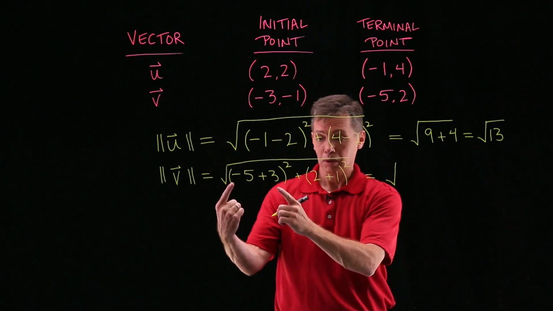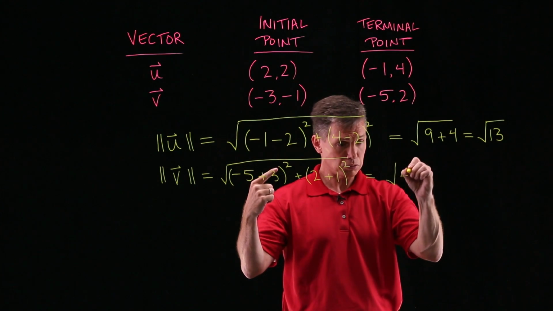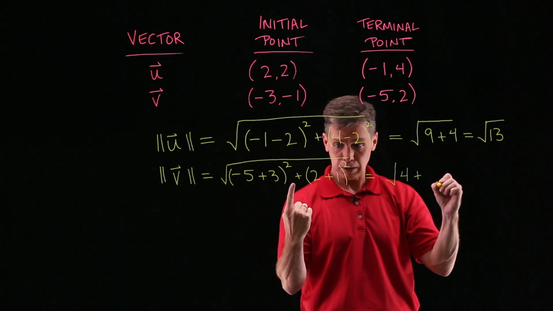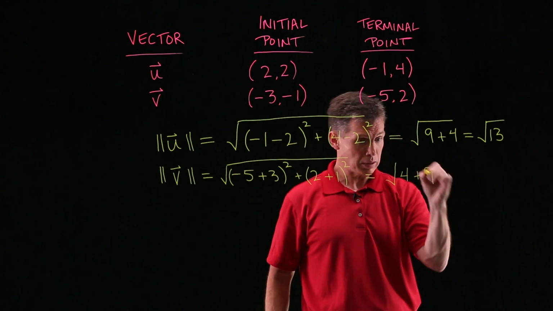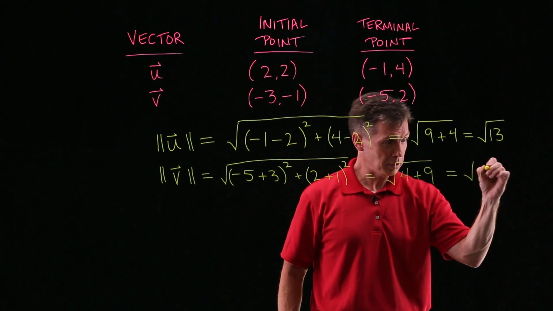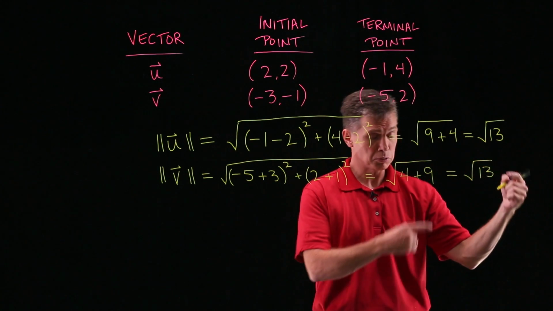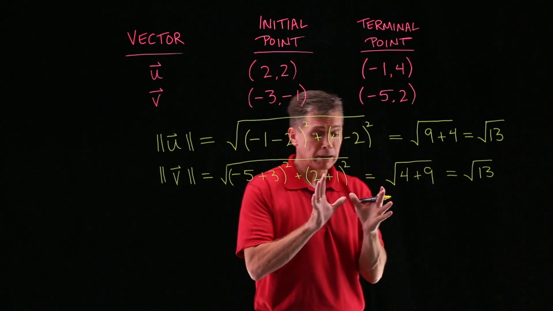Square root, negative 5 plus 3 looks like a negative 2, but squared goes to 4, plus 2 plus 1 is 3, but square that, we get 9. And what do you know? Got the same answer of the square root of 13 as we got a minute ago, which tells me these two vectors have the same magnitude.